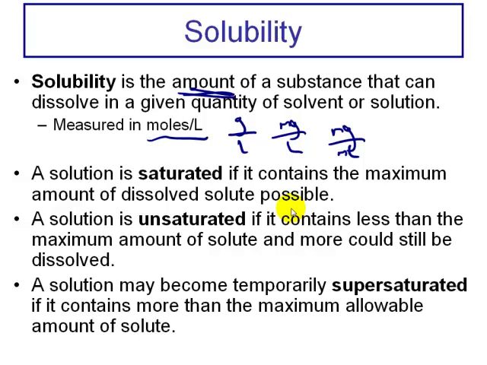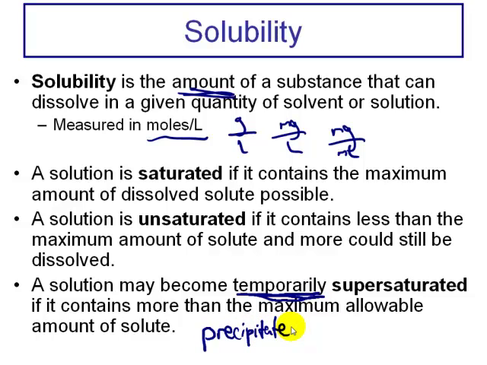And if a solution is supersaturated, that is a temporary condition where you have more solute dissolved than is ordinarily possible. I say that this is temporary because eventually, if you have a solution that is supersaturated, the excess solute will form a precipitate. So that extra stuff will fall out of solution once it becomes supersaturated.